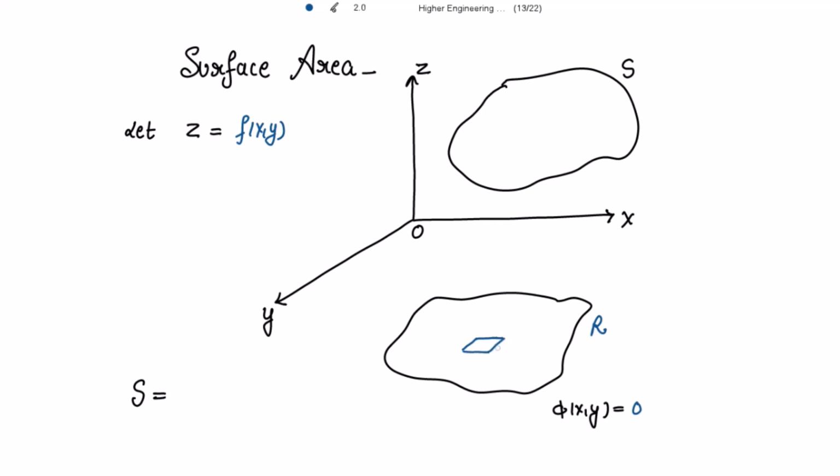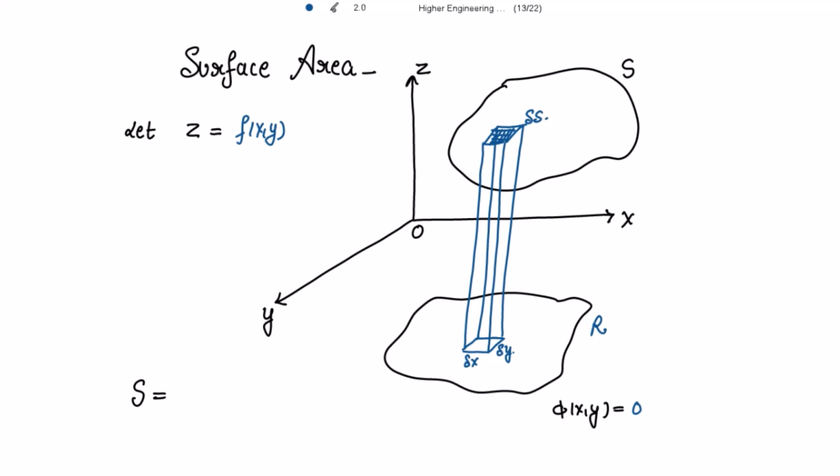So I'm considering this small area, delta x, delta y, and this is having its generator parallel to the z-axis, touching the surface S, like this. And this is the element of area delta S.